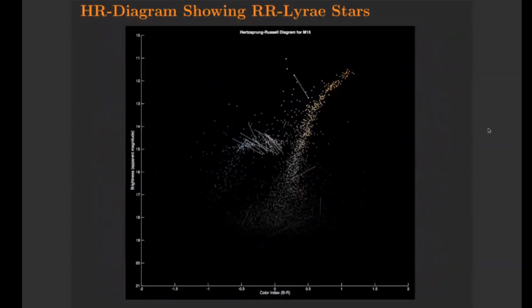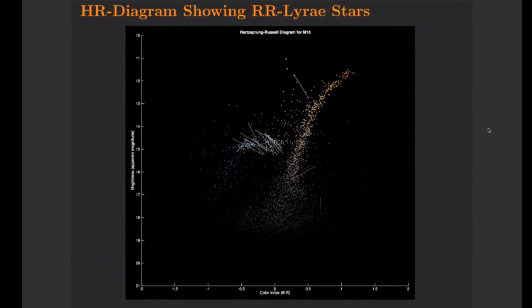Here is an HR diagram that I made using two different pictures of M15 that I took. I took both of these pictures, I forget, like a year apart or something, it doesn't really matter, not within 5 minutes of each other. I took two pictures of M15 months or maybe years apart with the exact same telescope, the exact same camera.